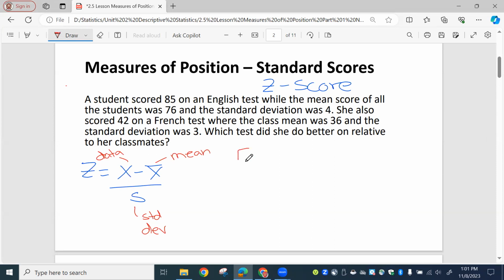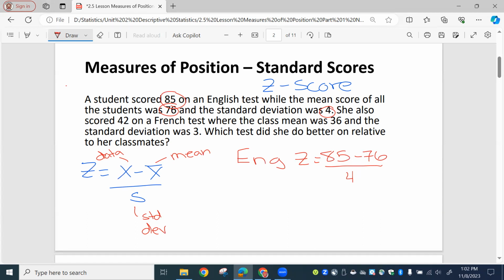So for our English test, we can calculate a z-score. 85 is our actual score, and we can subtract from that the mean, which is 76. And we'll divide that by the standard deviation. A z-score is actually going to tell us how many standard deviations we are away from the mean score.